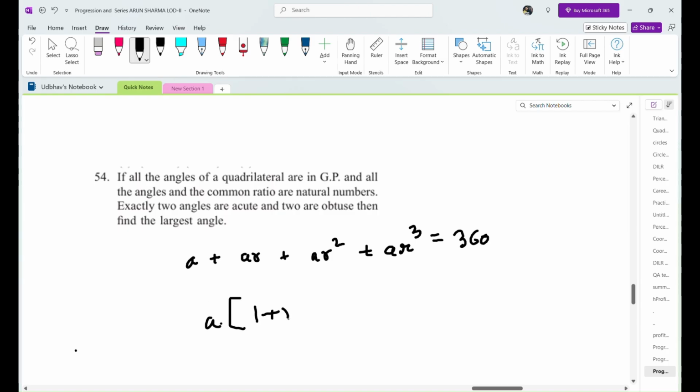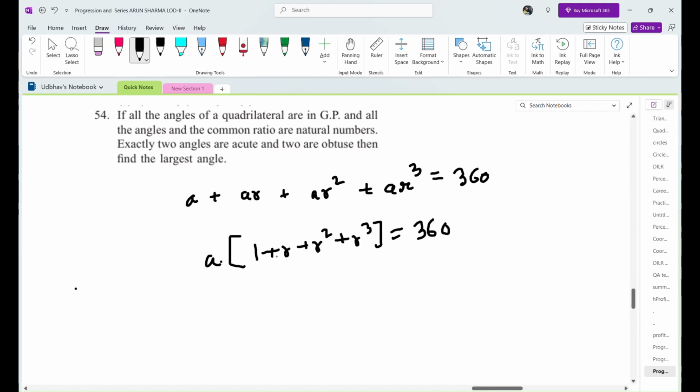We can take a common. So 360. Two angles are obtuse and two angles are acute. So these two are the smaller angles and these two are the bigger angles. The smaller angles will be acute obviously, so these are less than 90 degrees.